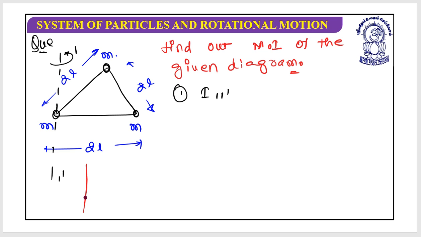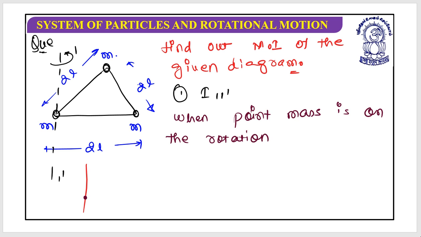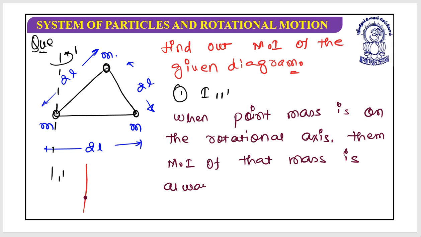When a point mass is on the rotational axis, the moment of inertia of that mass is always zero. Why? Because in this case x equals 0, the perpendicular distance. When we say this is a point mass, ideally it should not have any dimensions.